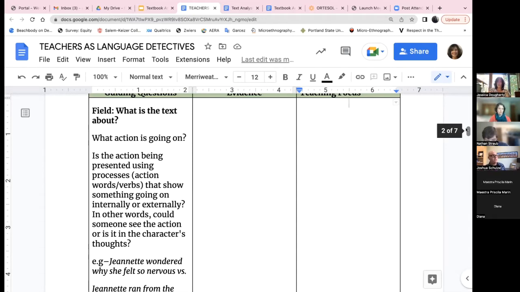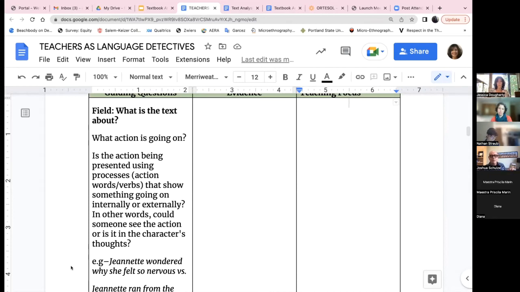All of those things are important because, for example, if they use the passive form in a science text, we can teach students that that's how actions are typically presented, but we want to also teach them why. Why is that? Because in science, you're de-emphasizing agency and you're putting the emphasis on the phenomena, not the person doing the action. Whereas in a narrative, for example, it's the opposite.